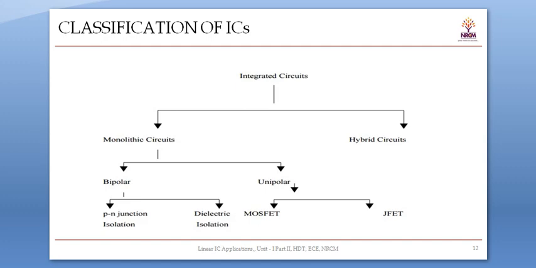In monolithic integrated circuits, all circuit components, both active and passive elements, and their interconnections are manufactured into or on top of a single silicon chip.